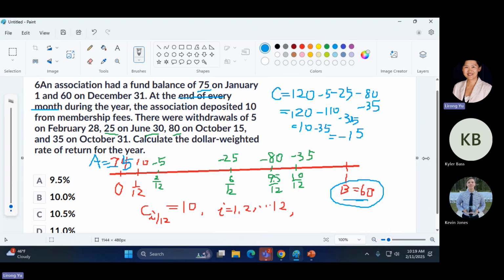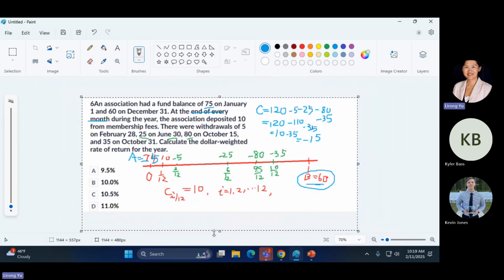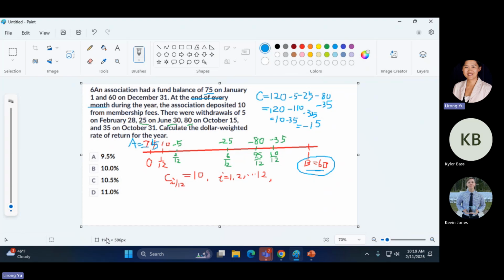All right, so why do I do the calculation of C? Because we need to find the I a little bit. We are calculating dollar weighted yield. So remember the dollar weighted yield J_DW is equal to I divided by A plus the summation of C_t times (1 minus t). Of course, t is the summation variable. t is time.